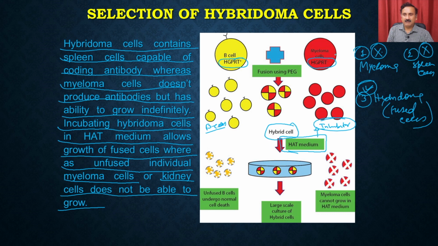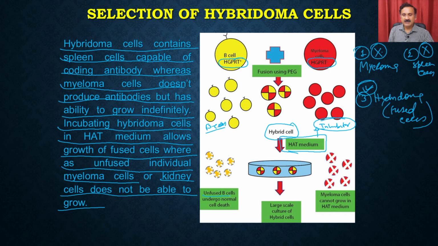But the myeloma cells will not be able to survive because they are HGPRT minus. So the unfused myeloma cells are going to die in due course of time, whereas the hybrid cells are going to survive because they have the DNA synthesis potential from the B cell, and they have the indefinite multiplication ability from the myeloma cells, and that's why these hybridomas are going to survive.